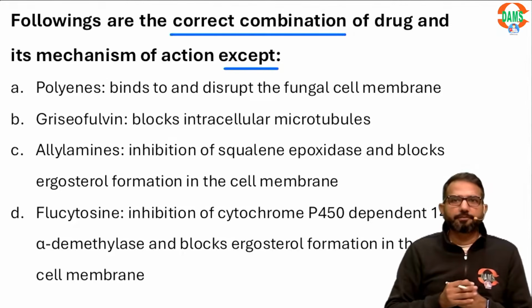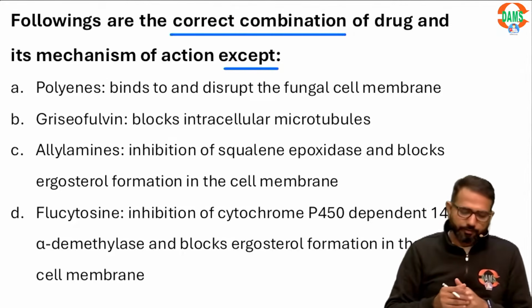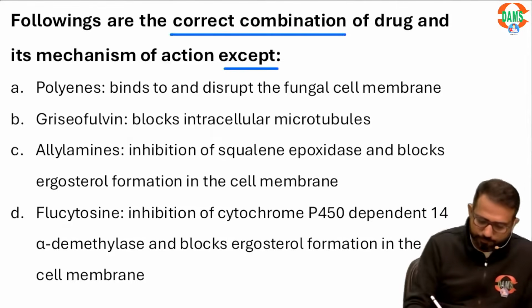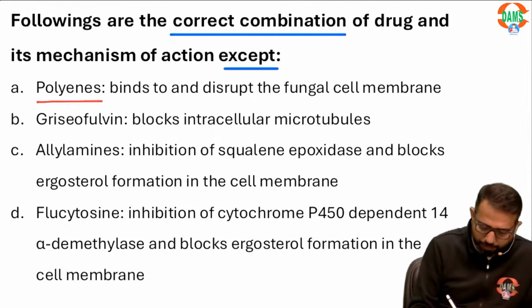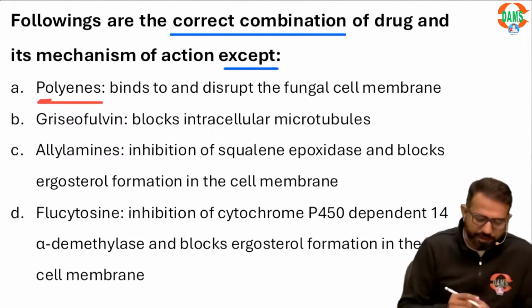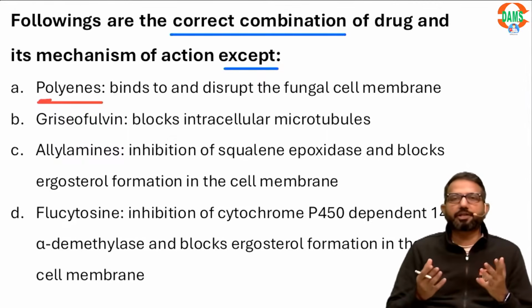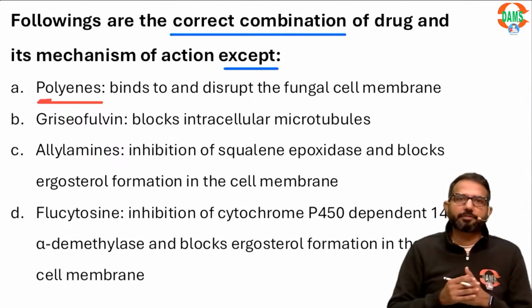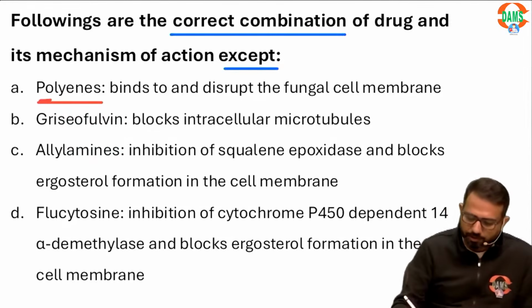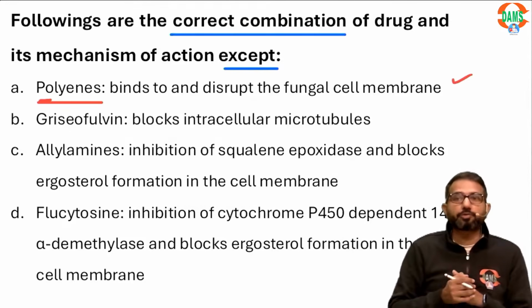So let's see one by one. Polyenes, PO. This PO creates the pores. Polyenes like nystatin, amphotericin. The polyenes cause pores, bind to and disrupt the cell membrane. That is true because they create the pores.